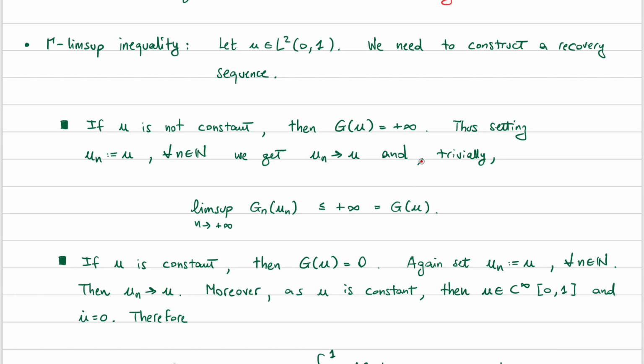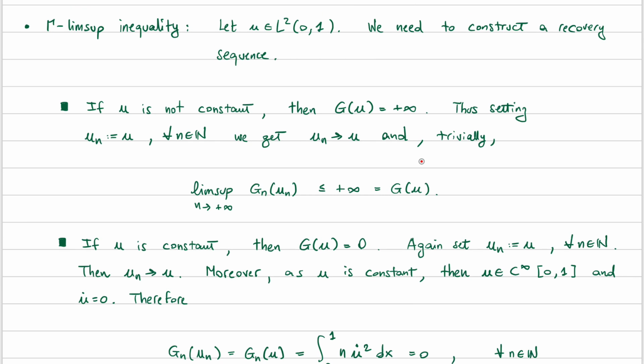Okay, Gamma-limsup inequality. Let u in L^1(0,1), we need to construct a recovery sequence. So now we do all the cases. If u is not constant, then by definition G(u) is equal to plus infinity. Therefore, just take the constant recovery sequence, and so obviously you have that u_n converges to u in L^2.